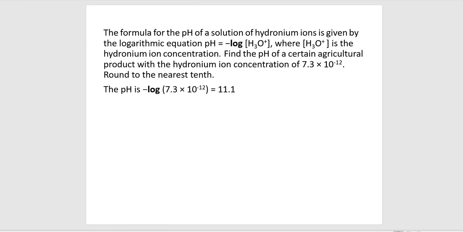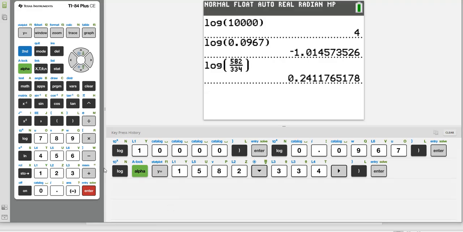On this next slide, the problem is also evaluated in a similar manner. On the TI-84 calculator, press the negative key and the log key. Type in 7.3 and press the times key.